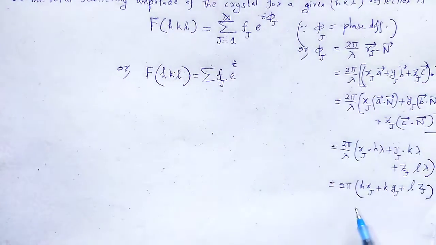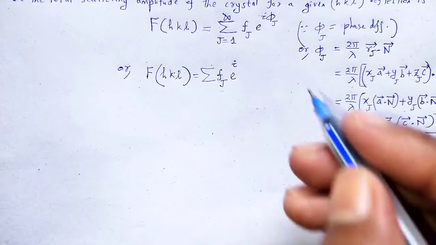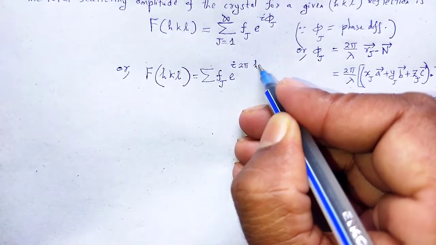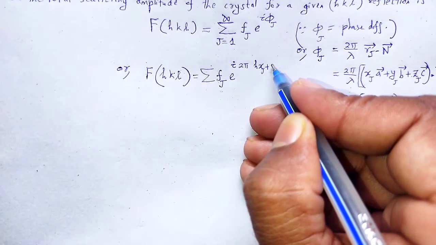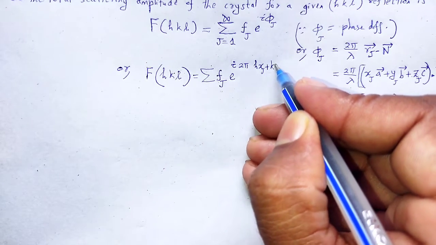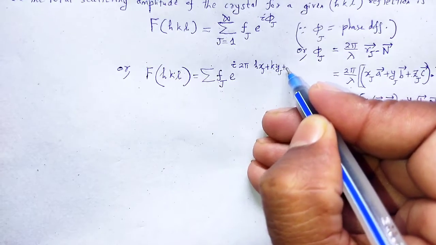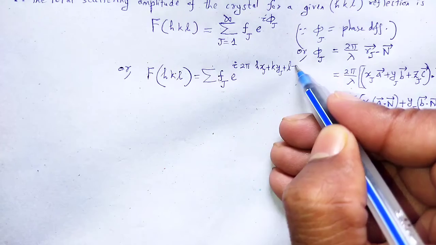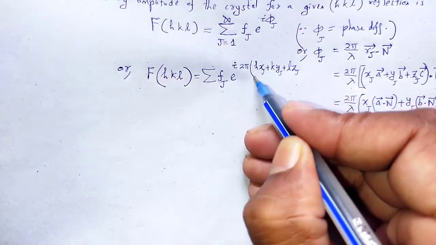In place of phi j, we substitute its value as 2 pi, h xj plus k yj plus l zj.